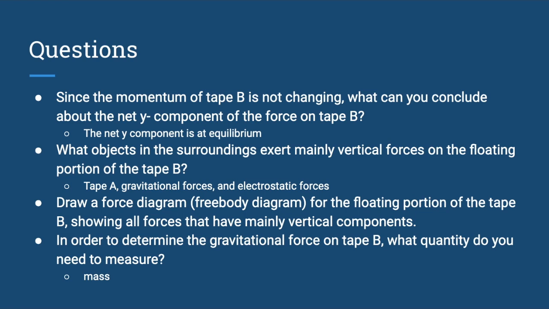Tape A has the electrostatic forces from the repulsion, and there are also gravitational forces. My free body diagram will be drawn using the code, and I'll show that within the next slide. And in order to determine the gravitational force on tape B, what quantity do you need to measure? That's mass, because the force of gravity is mg.